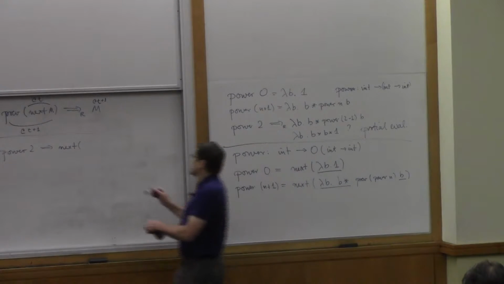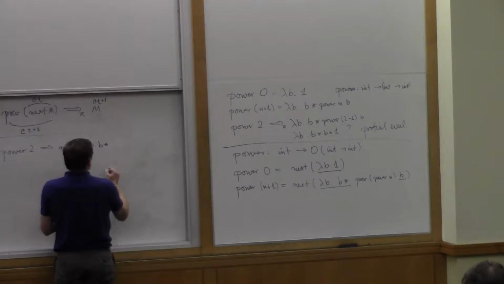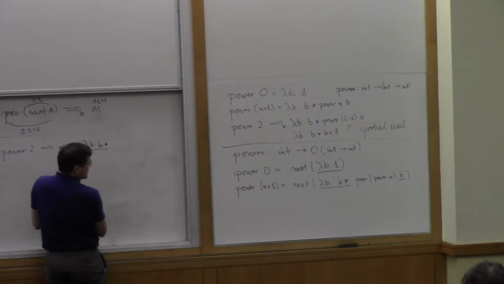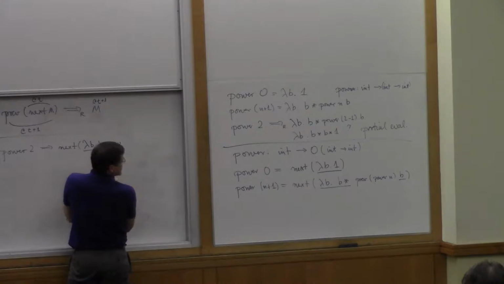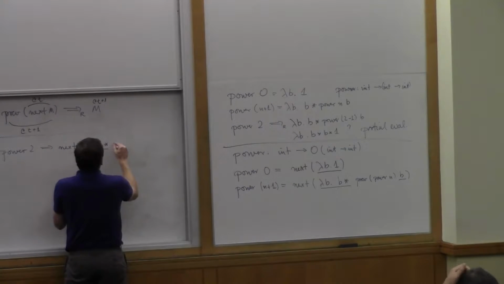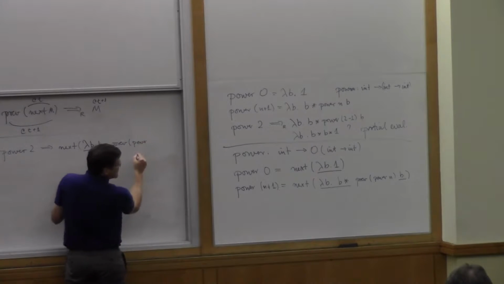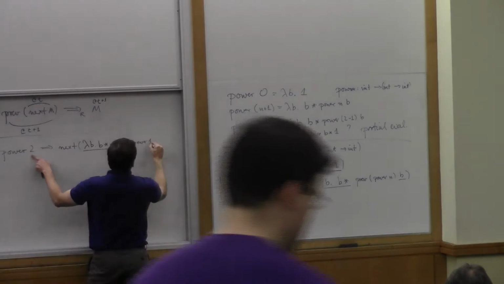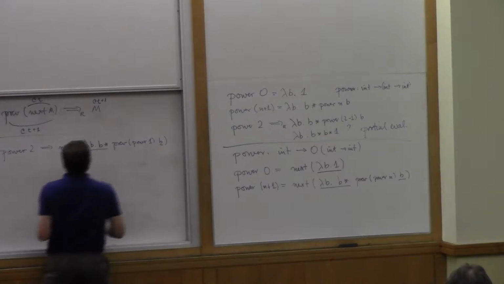So I get next of lambda b times, that's going to be underlined, and now I'm going to call prev of power of n, which is 1 in this case, and the result applied to b.